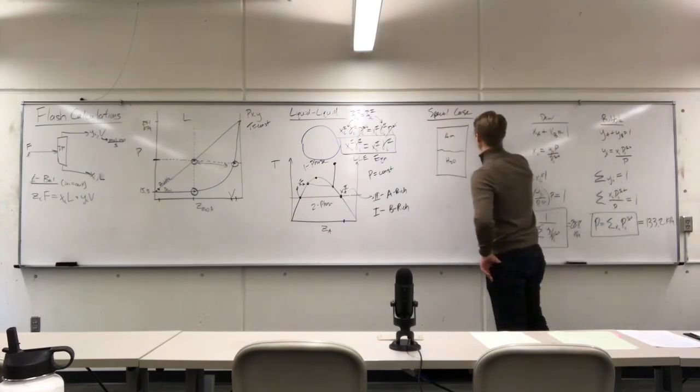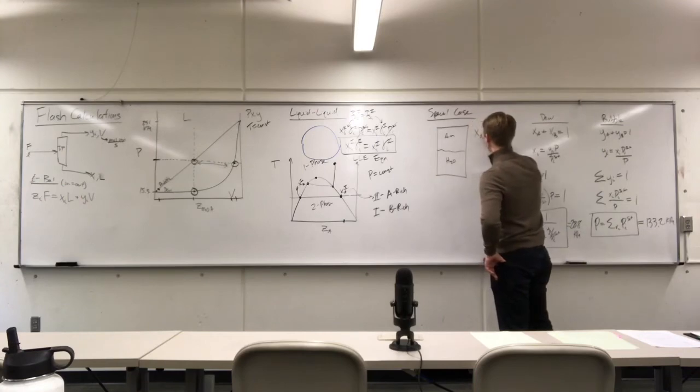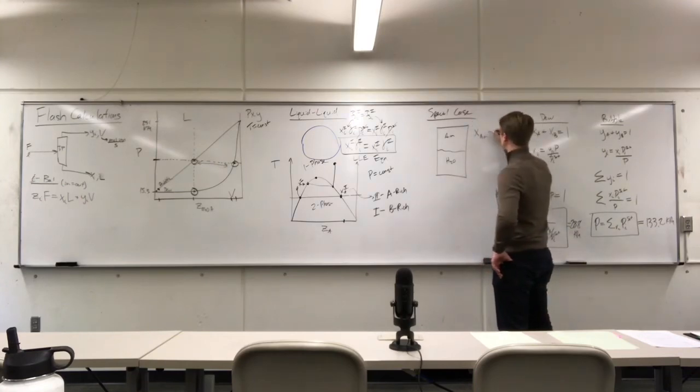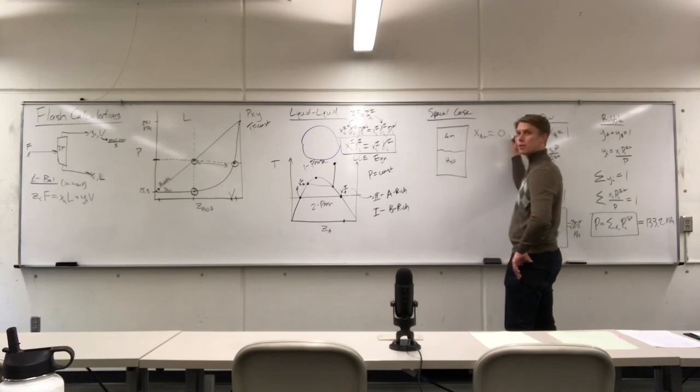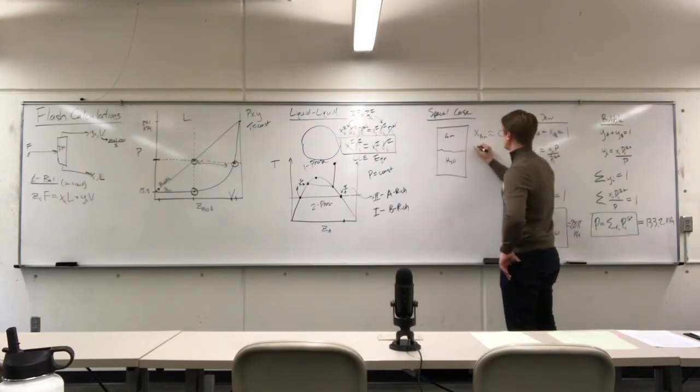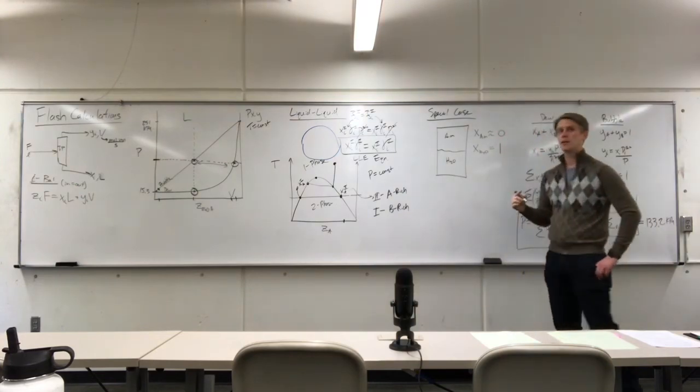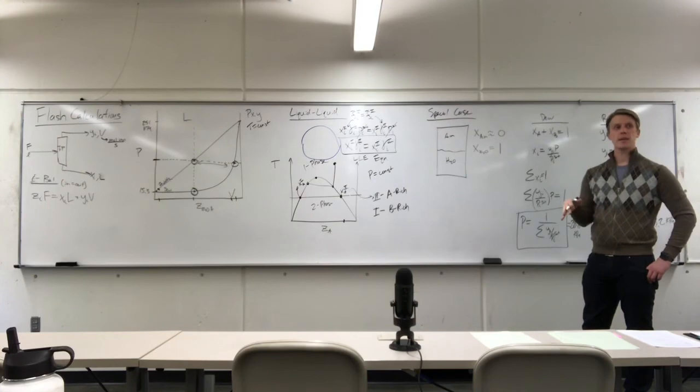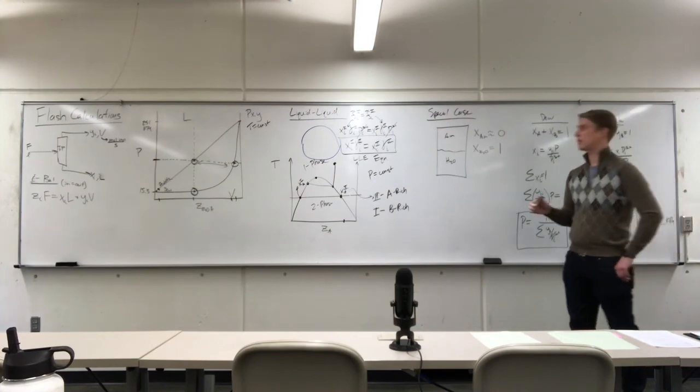So I would say that the mole fraction of air in the liquid phase is approximately equal to 0, meaning that the mole fraction of water in the liquid phase is effectively 1. This simplifies my calculations for Raoult's law significantly.